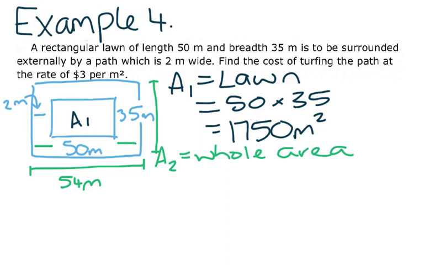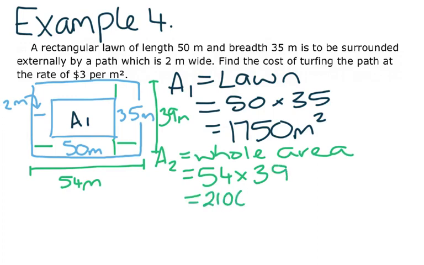The other way, we would have 35 plus 2 metres here, and then 2 metres here, which would give us 39 metres. So the whole area then is 54 times 39, which is 2,106 metres squared.